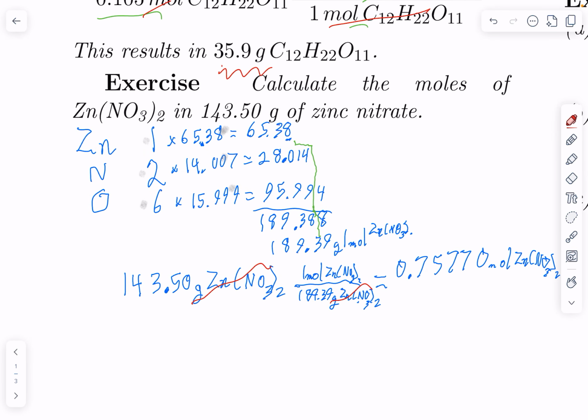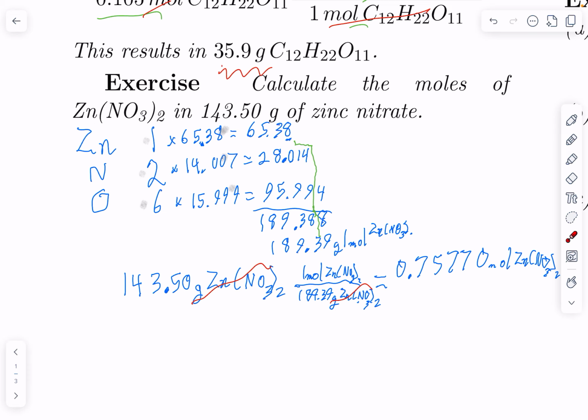All right, so calculate the moles of zinc nitrate in 143.50 grams of zinc nitrate. Notice that I have listed the numbers of how many zincs. There's 1 zinc. There's 2 nitrogens. There's 1 nitrogen in each nitrate. There are 2 nitrates.